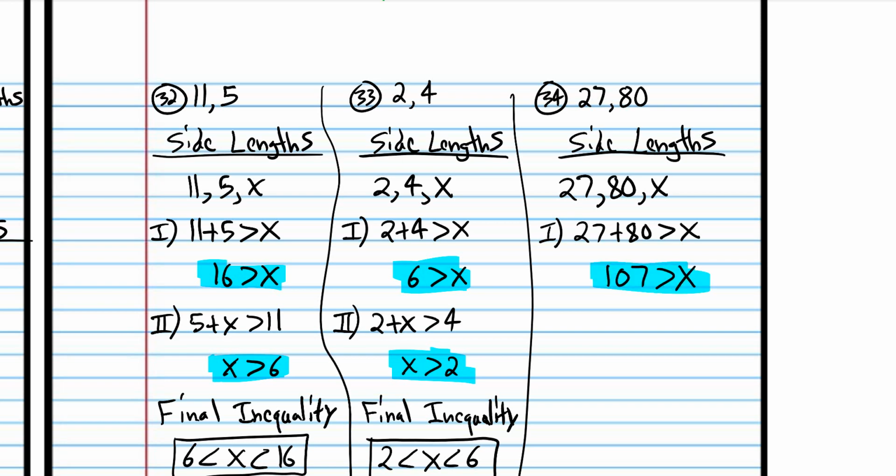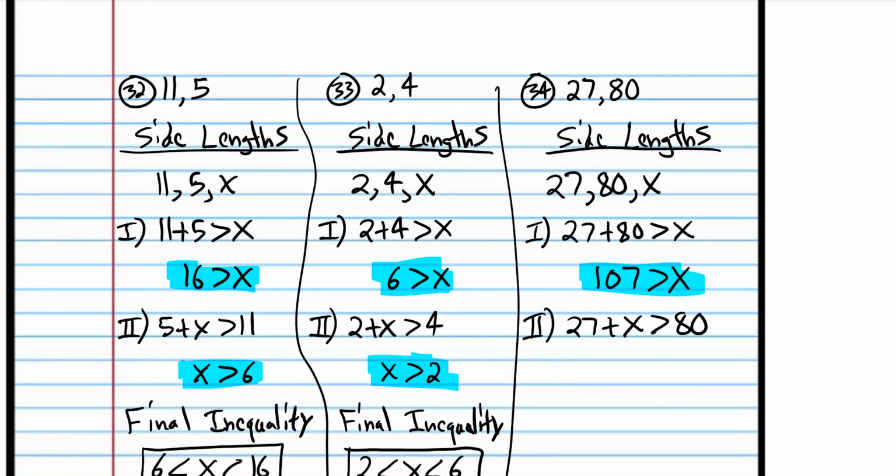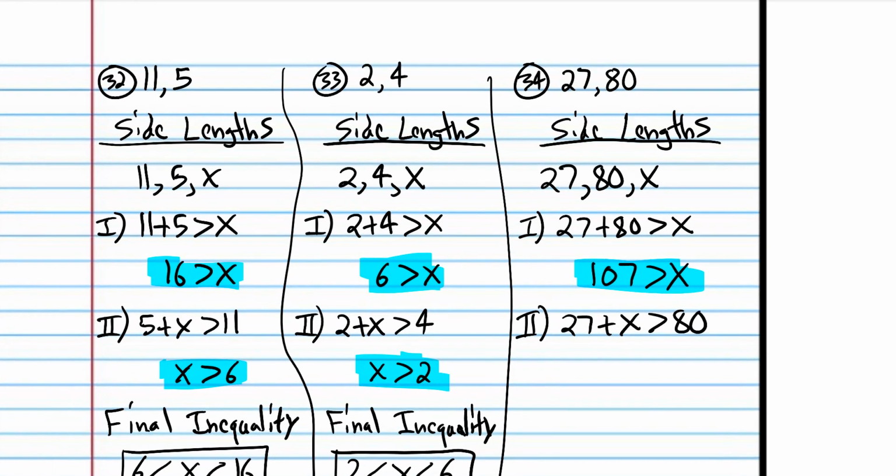Now, if my second inequality is 80 plus x is greater than 27, then you can see we're going to have a negative number. So we can just skip that. It's not going to tell us anything. So we'll do 27 plus x must be greater than 80, the third side. Let's see here.